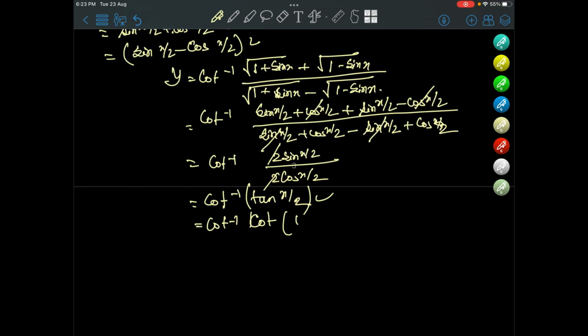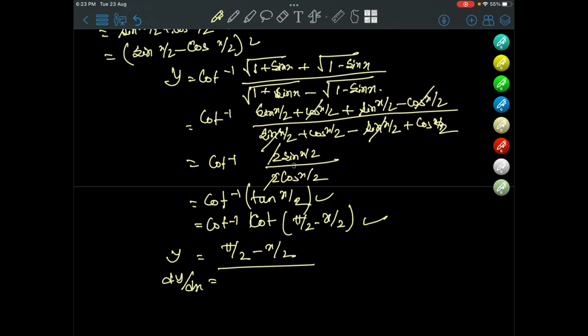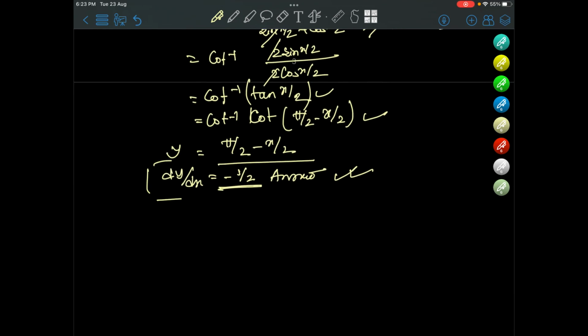We have to do pi by 2 minus x by 2. This is the way we can turn the tan into cot. So pi by 2 minus of x by 2. Now we are going to perform the derivative over this function. Then dy/dx equals minus of half. This is the answer you are going to get from this problem.